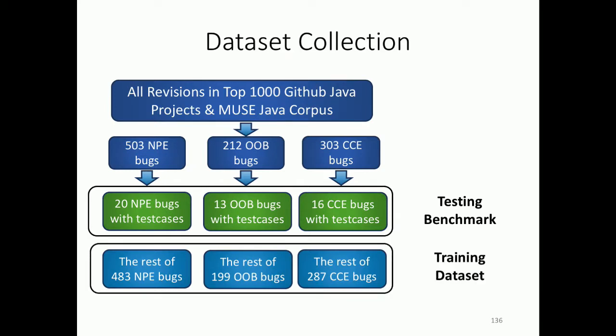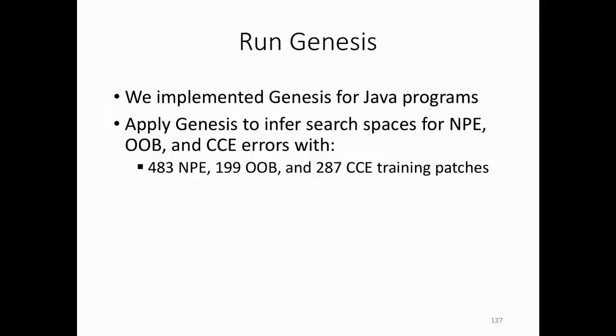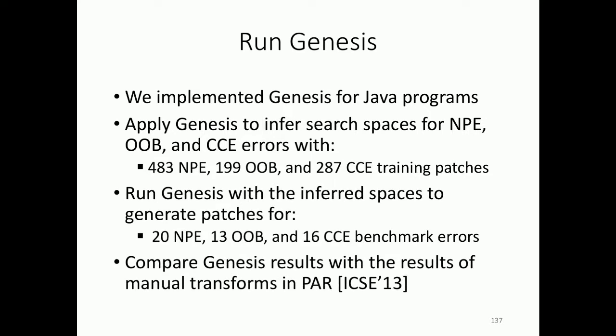For the remaining errors, we use them as a training data set to do the inference to produce transforms. So here's the experiment setup of Genesis. We apply Genesis to infer search spaces for three kinds of errors with the training patches we collected. And then we run the Genesis patch generation process with the inferred search space to generate patches for the 49 benchmark errors. And we compare the results with the results of manual transforms in PAR.